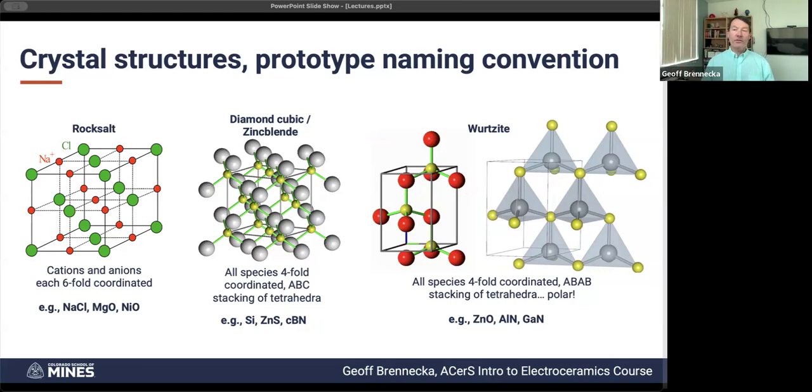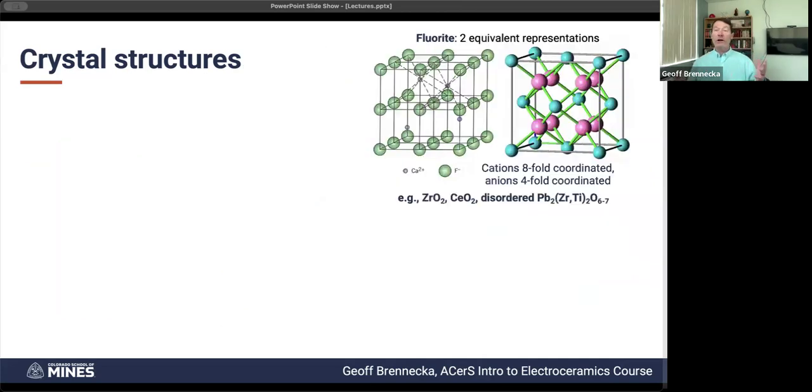All right, so those are some examples of the crystal structures and prototypes that we'll be going through. Fluorite is another one that we'll see frequently. And fluorite is one example where, depending upon convention or just what you're feeling like that day, you can represent this crystal structure in either of two different manners.